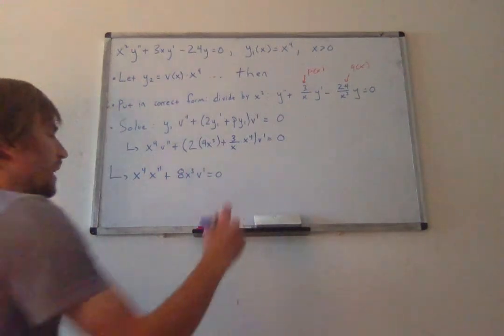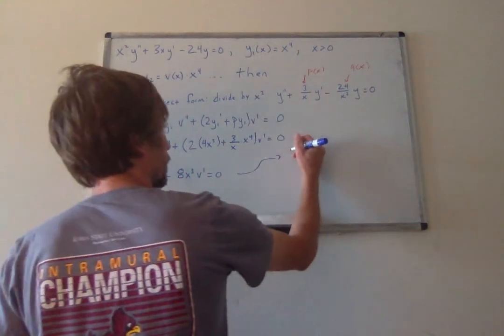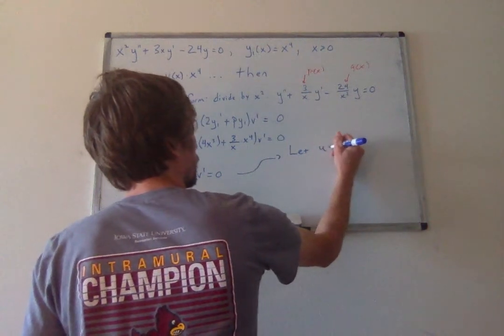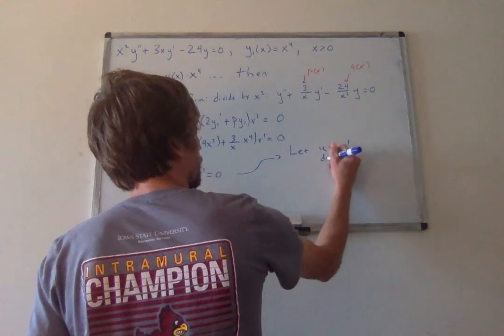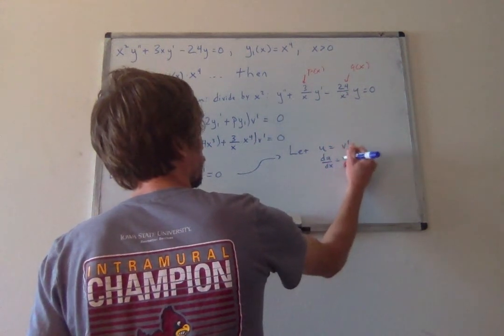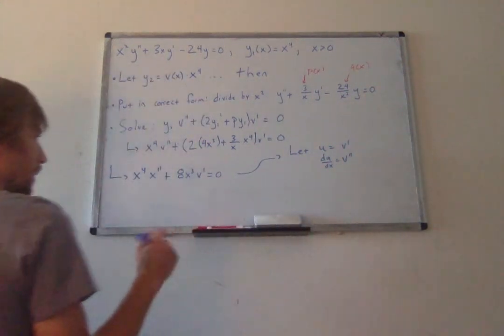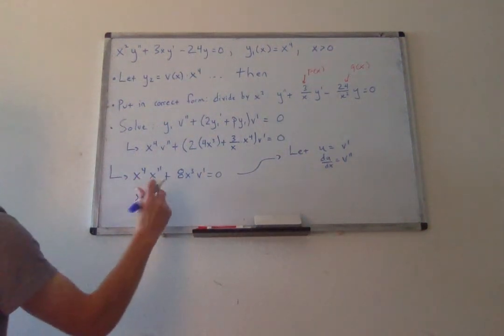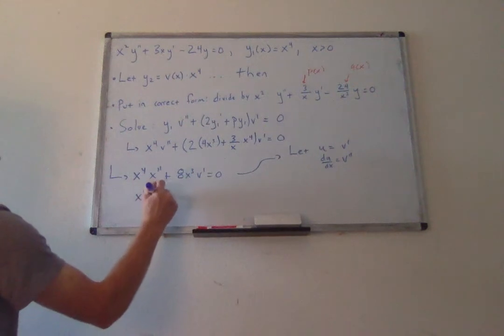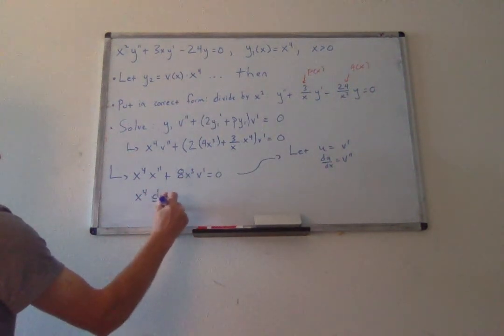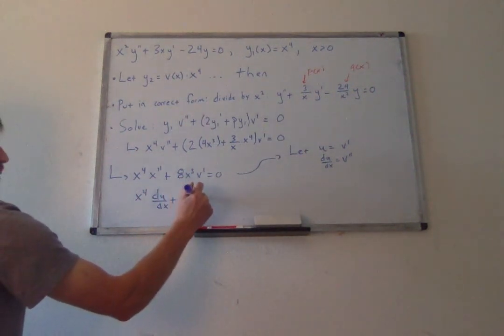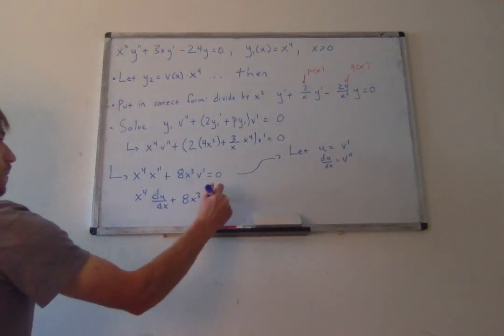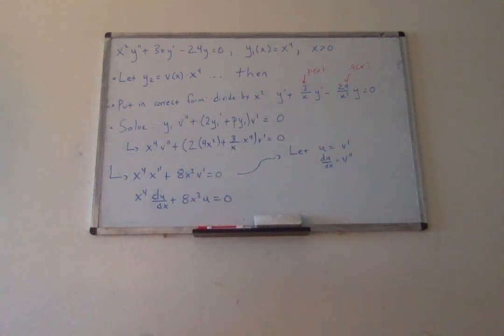I hate looking at primes, so I'm just going to quickly let u equal v prime, then du dx is equal to v double prime. And so it's equivalent to solve this equation, which is separable.